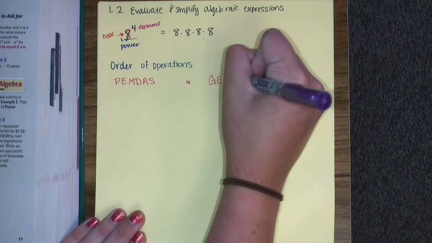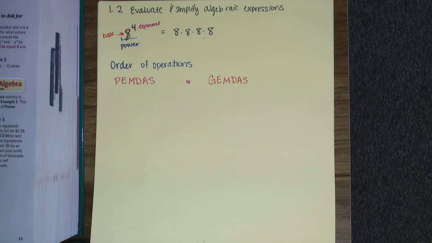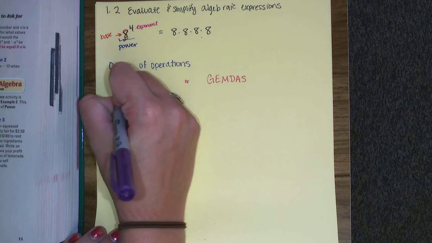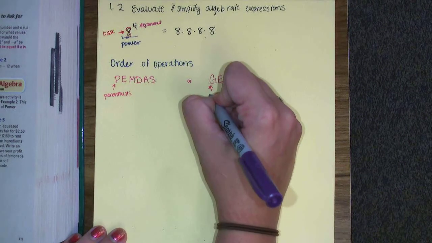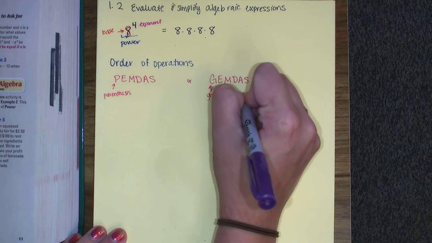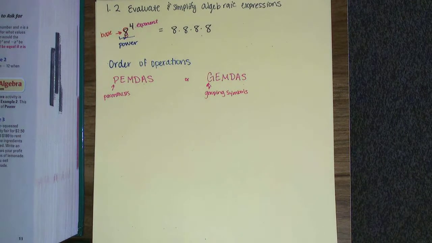It depends on what book you're looking at, what teacher you have. The P in PEMDAS means parentheses. The G means grouping symbols, which can be brackets or parentheses or anything. Anything that's grouped together is done first.